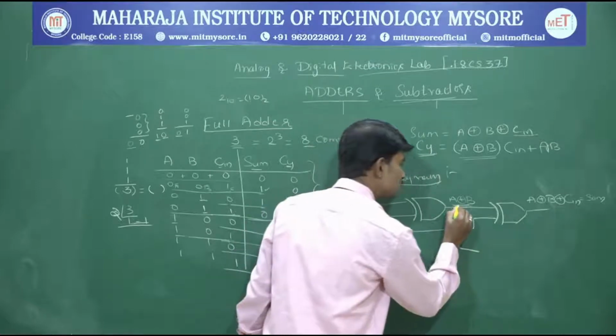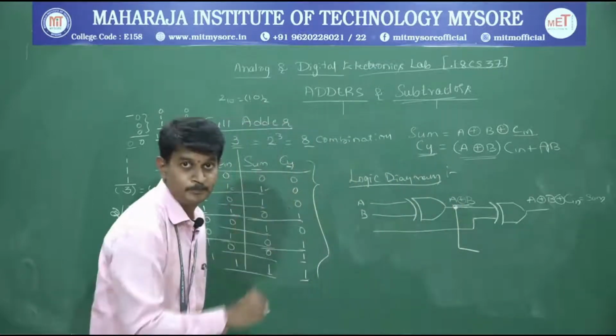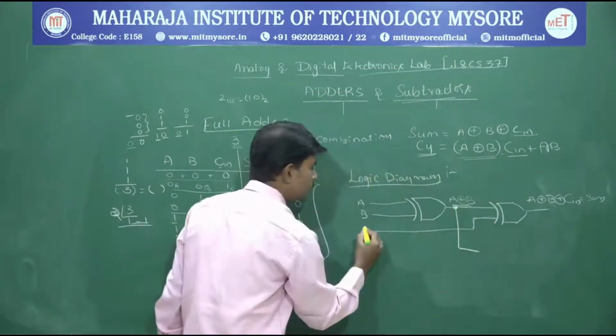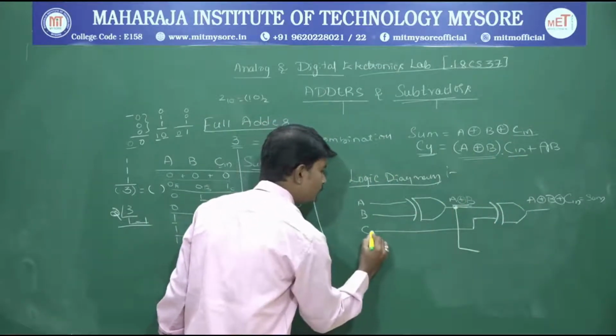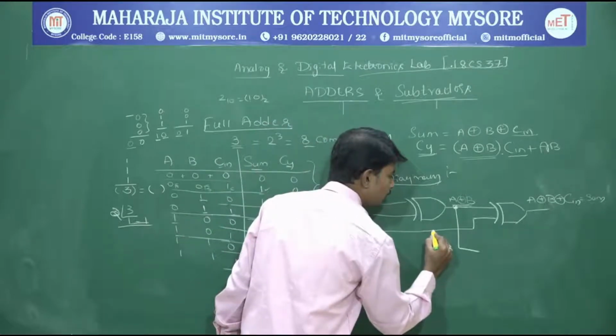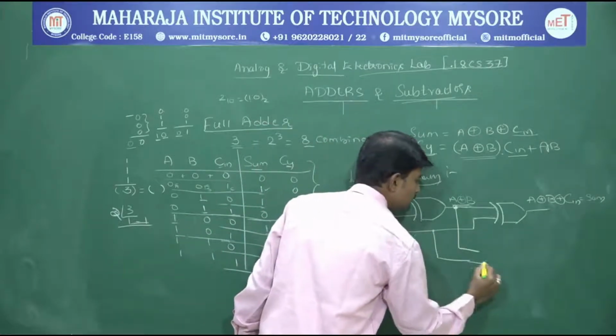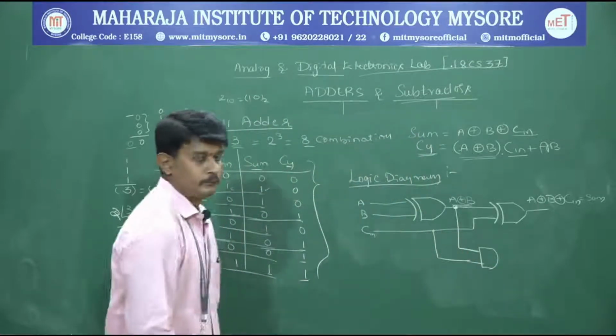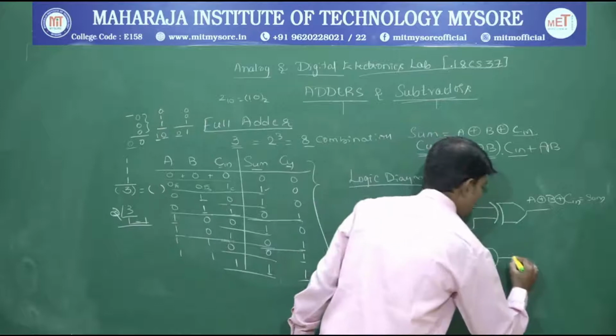I am going to use this same output, and then it has to be multiplied with C in, which is nothing but this third variable, C in. Now it has been ANDed.